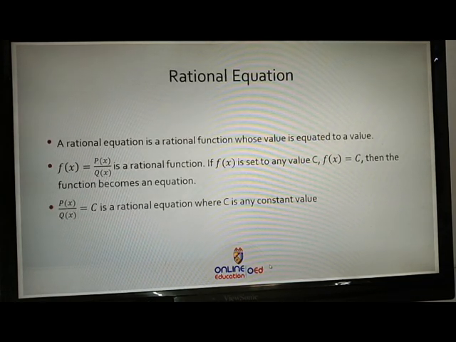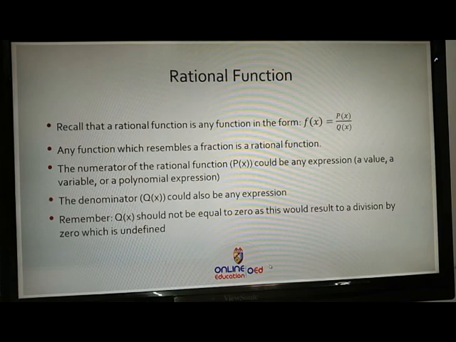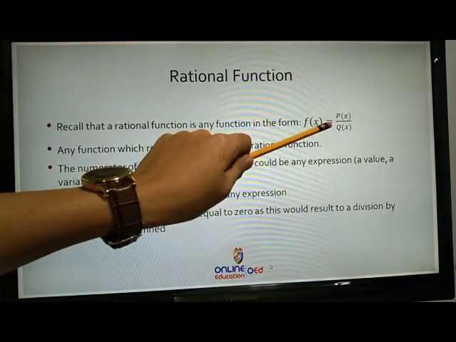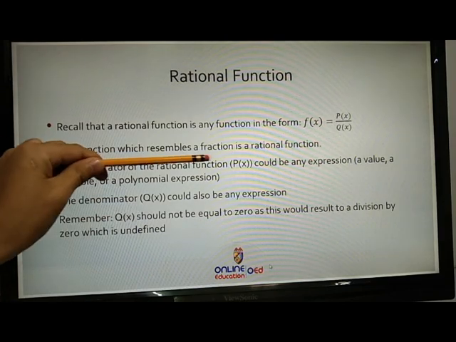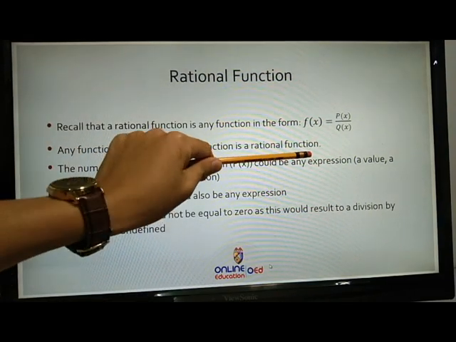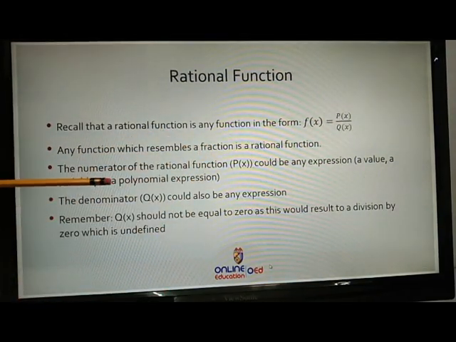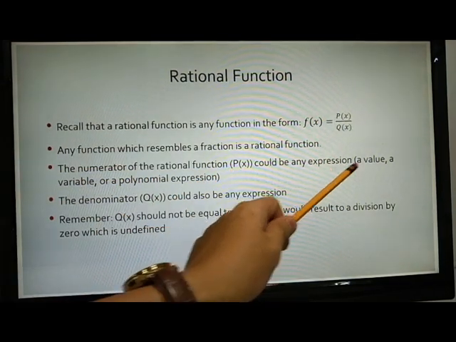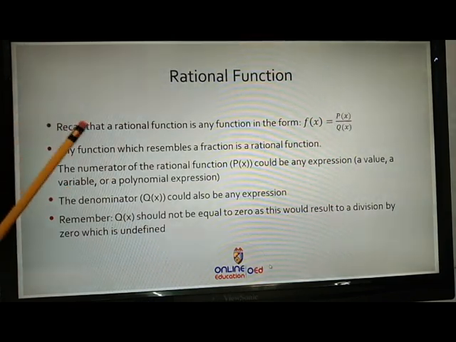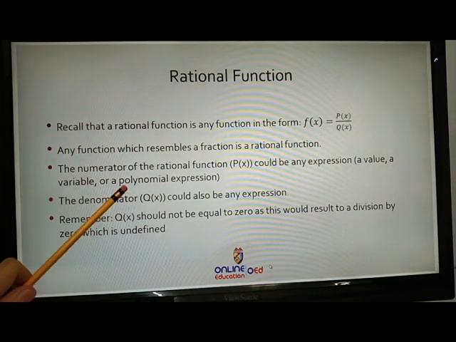So a rational equation, rational function. Recall that a rational function is any function in the form f of x is equal to p of x over q of x. So any function which resembles a fraction is a rational function. The numerator of the rational function, p of x, could be any expression, a value, a variable, or a polynomial expression.